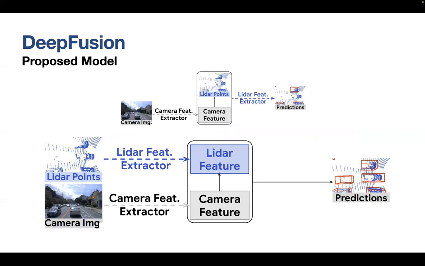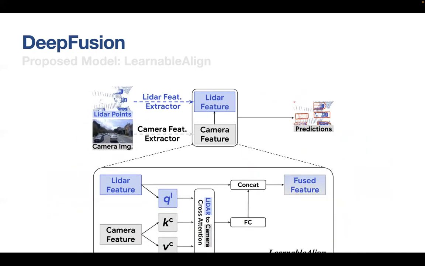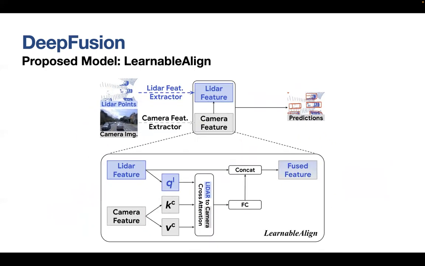So what does this module correspond to? Here we use our favorite, attention. The LiDAR features give us the queries for the attention, and the camera features give us the keys and values.